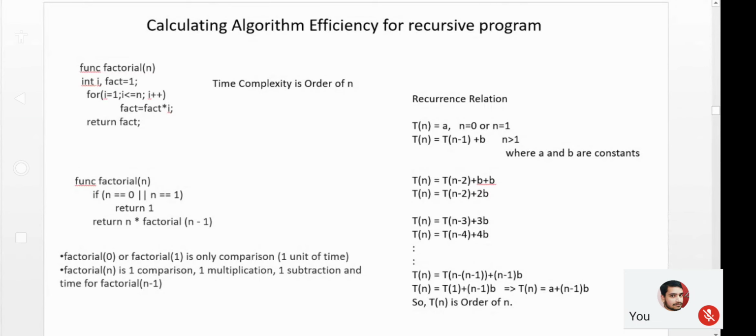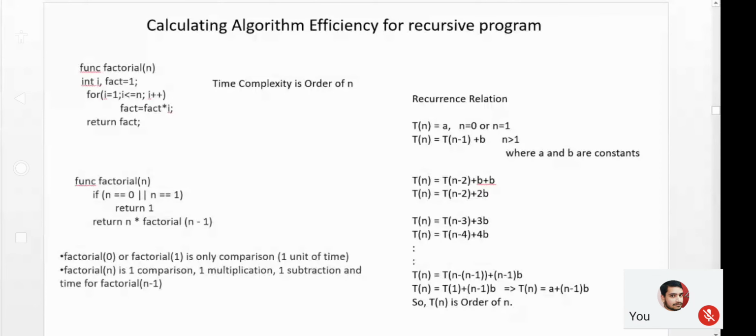For the second one, factorial n where n is greater than 1, there is one comparison. You have to check whether the value of n is either 0 or 1. Suppose your n is 5. That means this is not 0 as well as not 1.